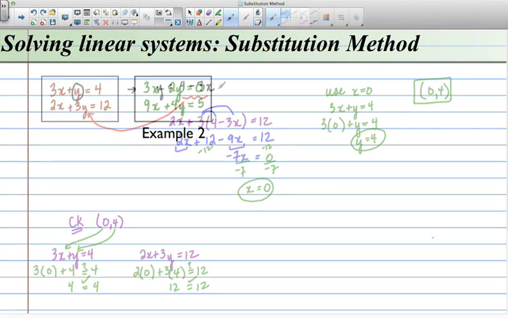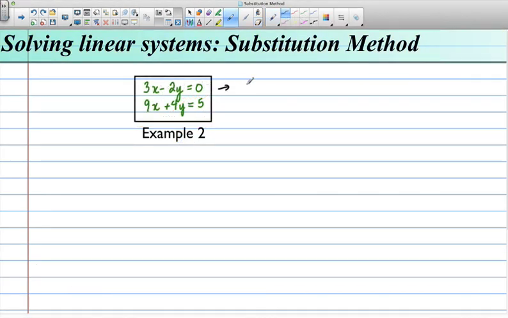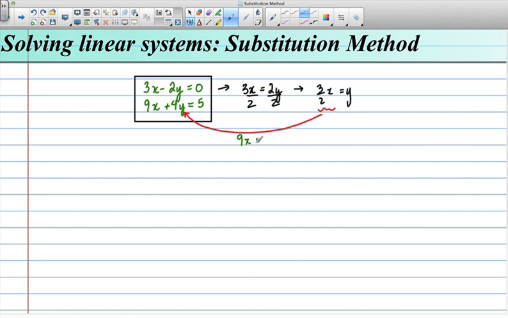Let's move on. Let's isolate one of the variables. Adding 2y to both sides becomes, perform the substitution, 9x plus 4 times 3/2 x is equal to 5.